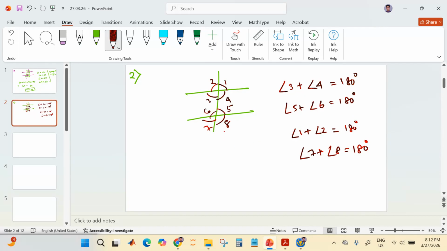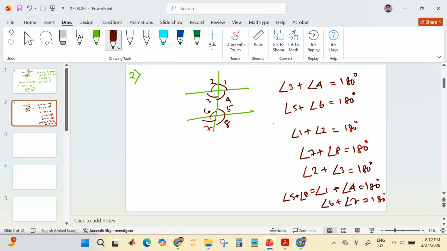But remember one thing, how many linear pairs are there? Angle 2 plus angle 3 is 180 degrees, angle 1 plus angle 4 is 180 degrees, angle 6 plus angle 7 is 180 degrees, and angle 5 and angle 8 is also 180 degrees.